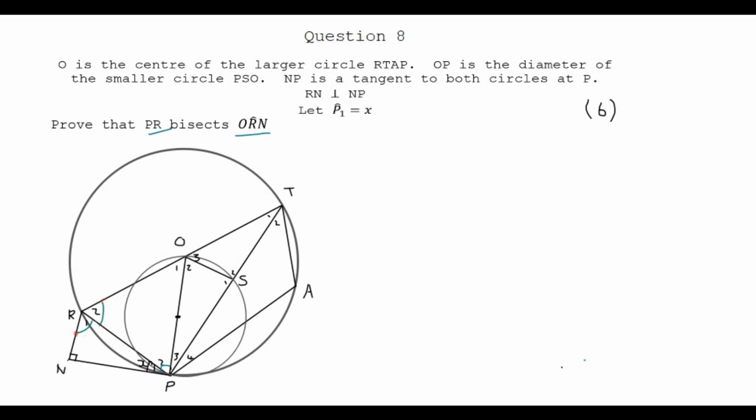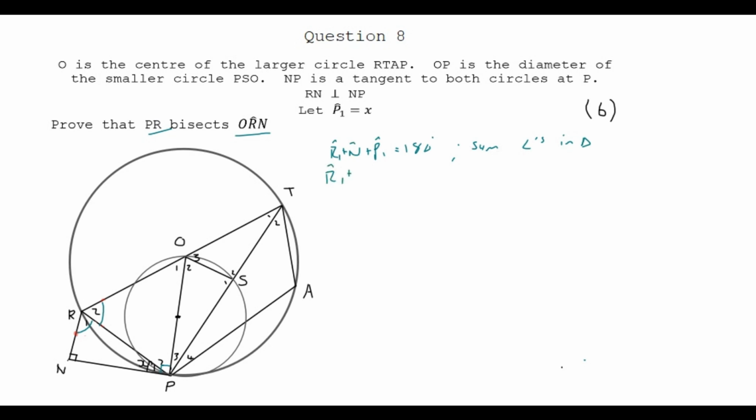I just want to start off before we even do our roadmap and show you that using the sum of angles in a triangle, angle R1 plus angle N plus angle P1 would equal 180 degrees, with our reason being sum of angles in a triangle.